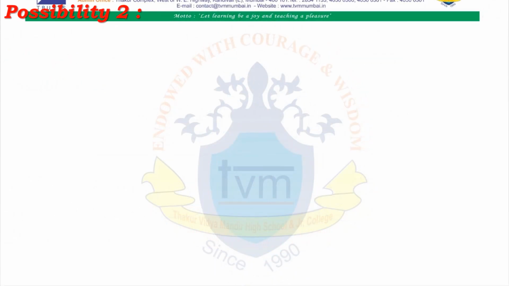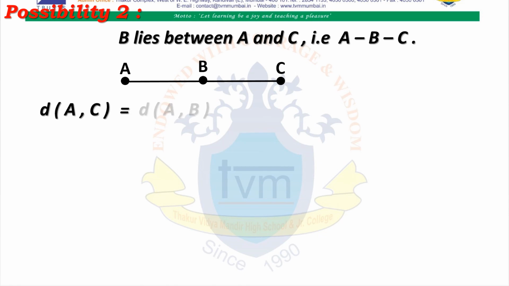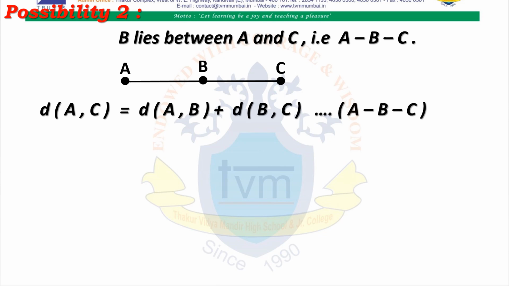Now here we have possibility number 2. When B lies between A and C, that means A-B-C. Now in this case, distance AB plus distance BC equals distance AC. So distance AC equals distance AB plus distance BC, since B is between A and C. Now we'll substitute distance AC as 10 and distance BC as 8.